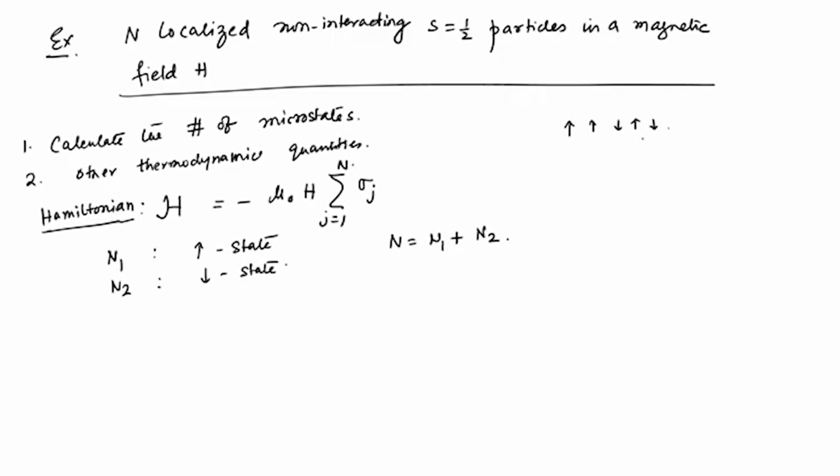So, you have a net magnetic moment here to be say 1 unit, and then you can also have this, and this also has a magnetic moment equal to 1 unit. So, the total number of configurations that one can write with this at a fixed value of energy and number of particles, there is no temperature here. So, we have to just write E and N. This is equal to N factorial divided by N1 factorial into N2 factorial.